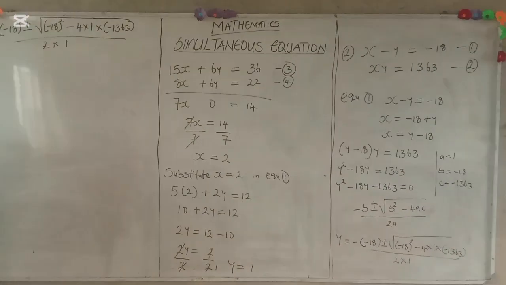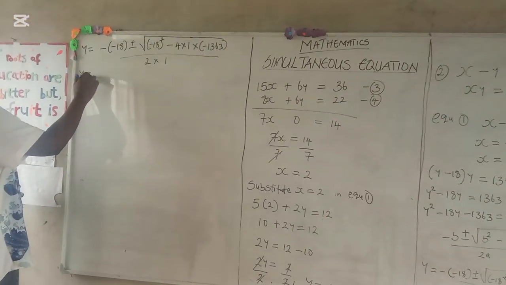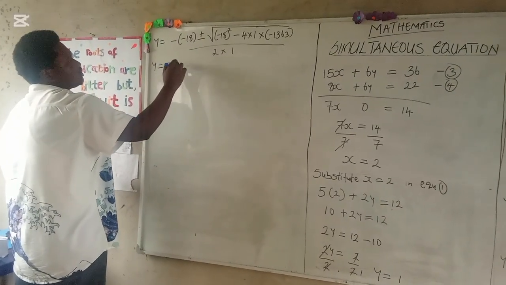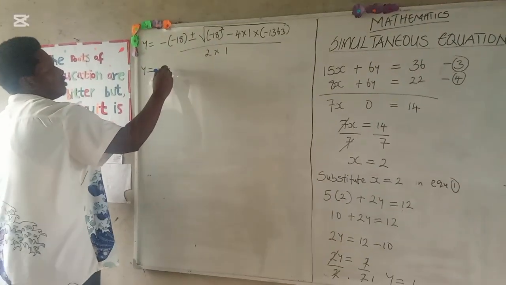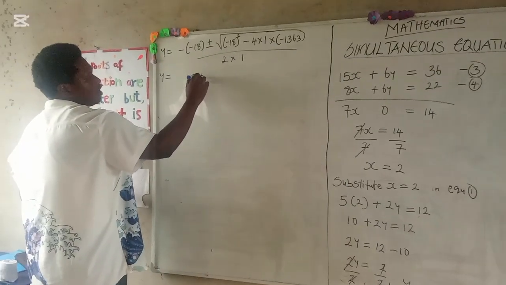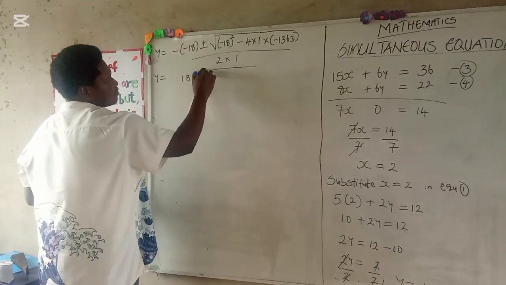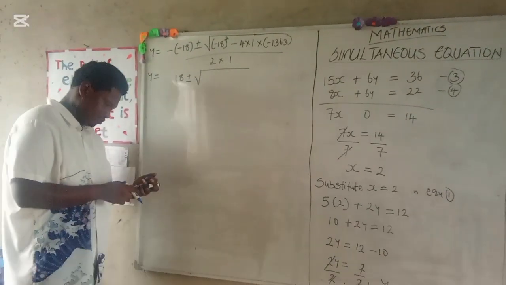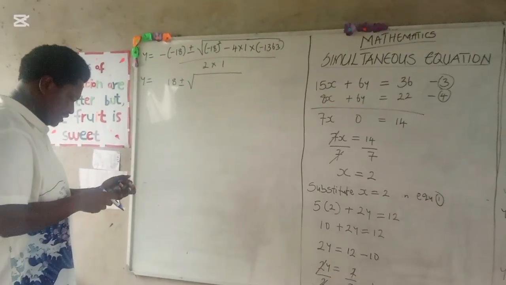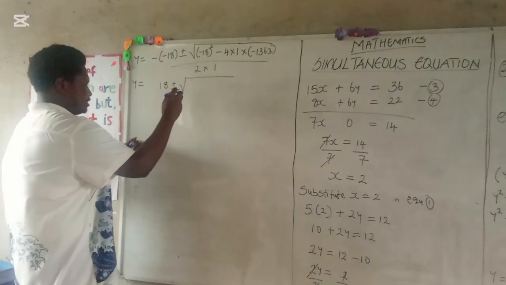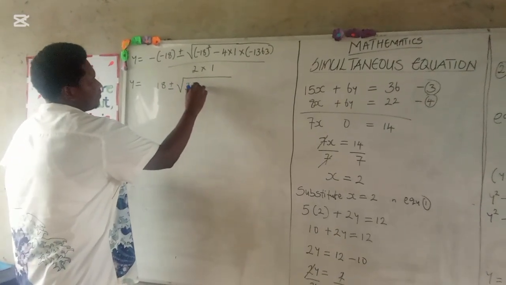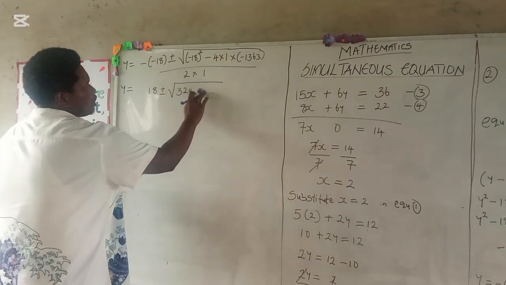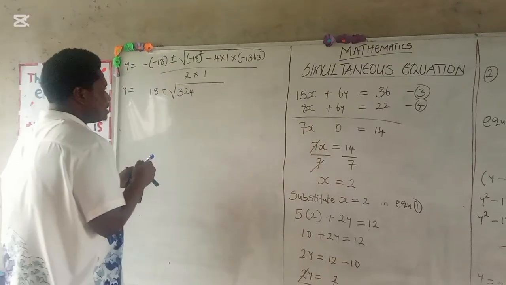So let's continue. We have that our y is equal to negative times negative, we have plus, right? So which is still 18 plus or minus negative 18 squared. So negative 18 squared will arrive at 324 minus, now let's pay attention closely.